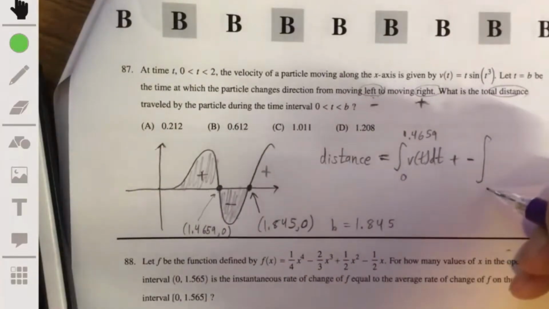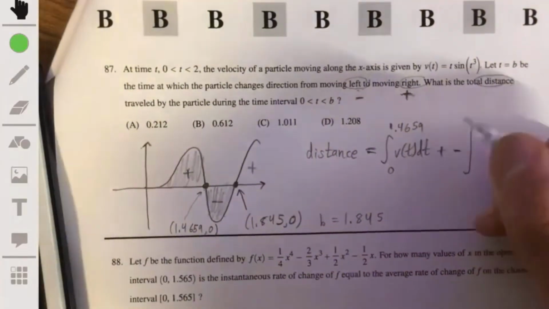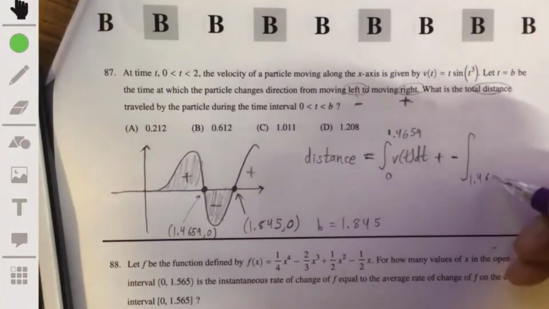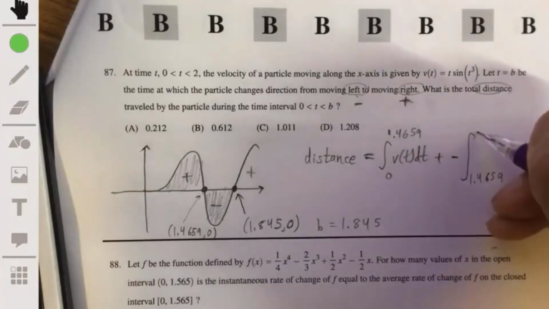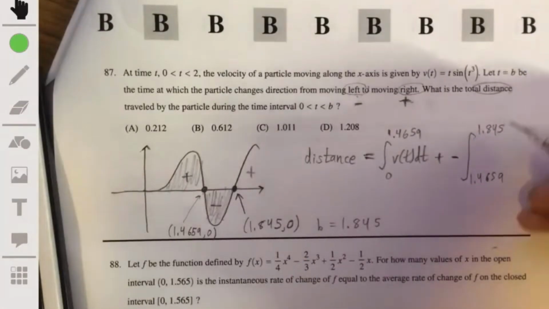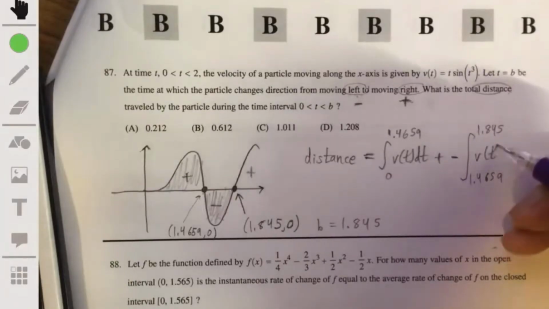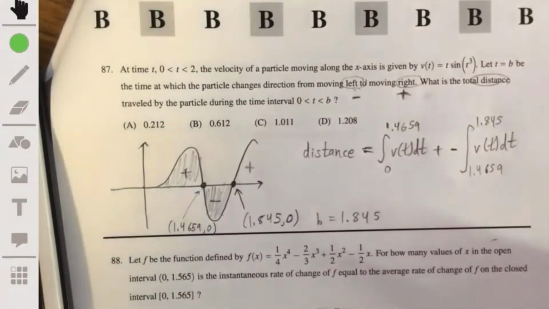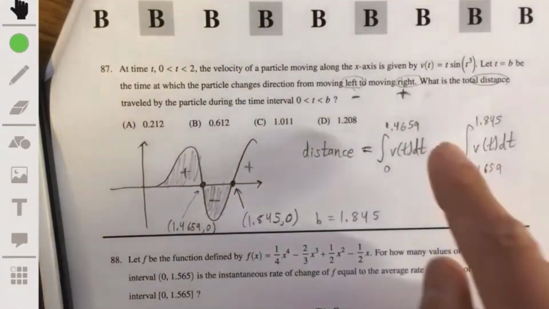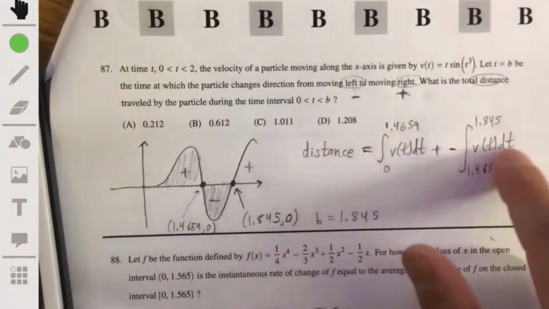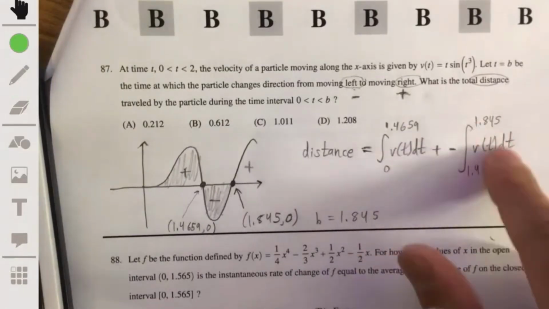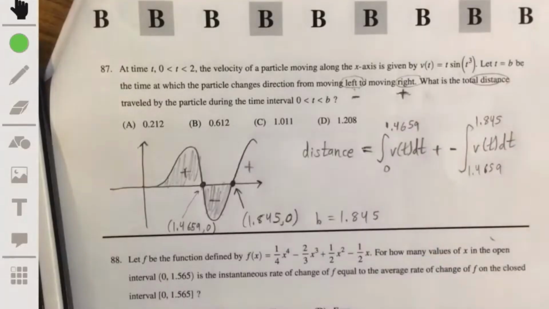So you add negative 1 times the integral from 1.4659 to 1.845. That way this will be a positive, and then this will be a negative times a negative, so this will be a positive. Then you'll get a total positive quantity.